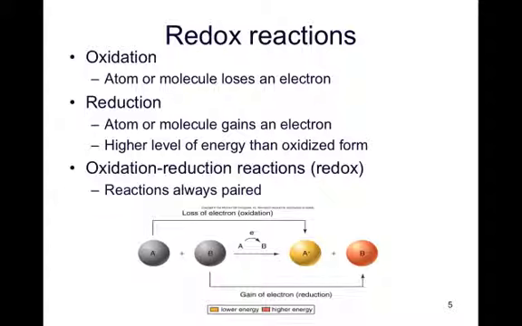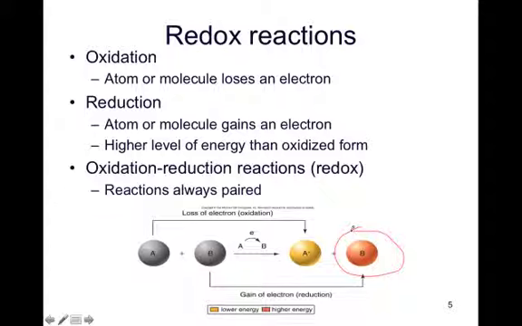I find this to be kind of opposite, but you have to think of reduction in terms of reduction in charge. So in the case below, molecule B is gaining an electron from molecule A. Thus, molecule B has become reduced in charge. Or you can think of it as just being opposite.